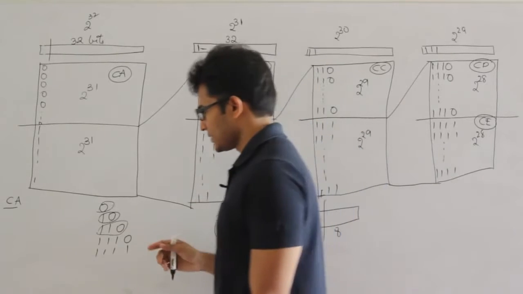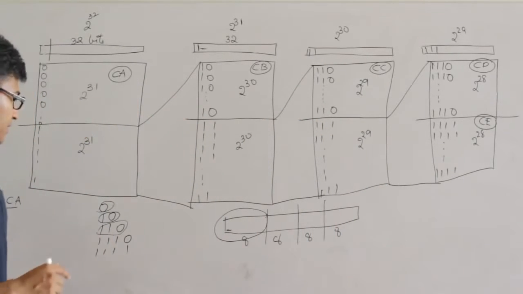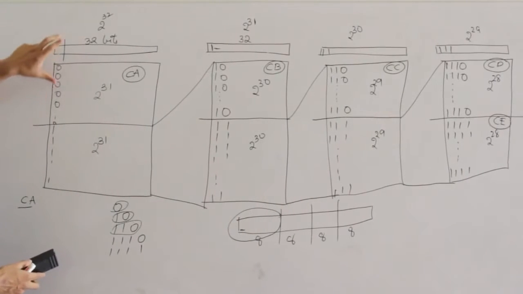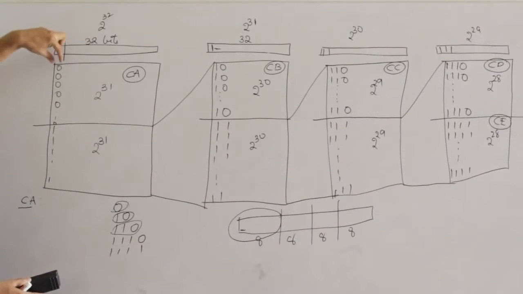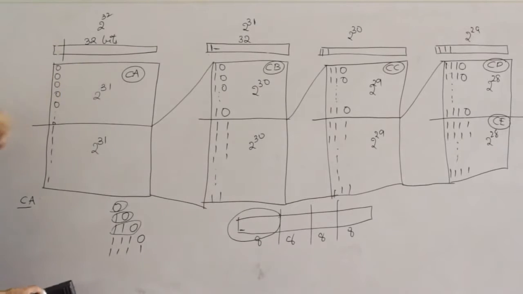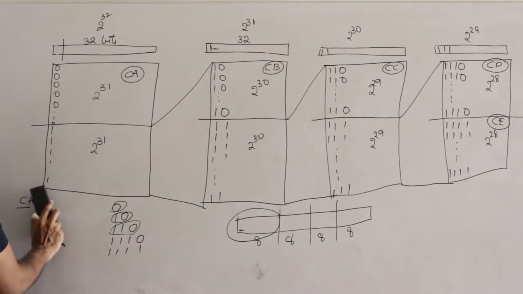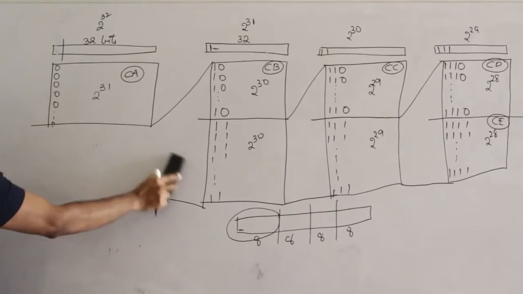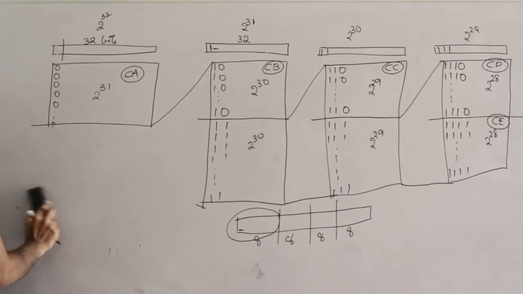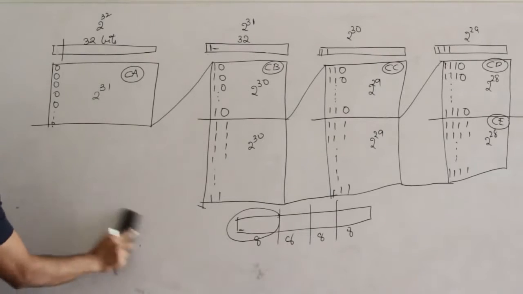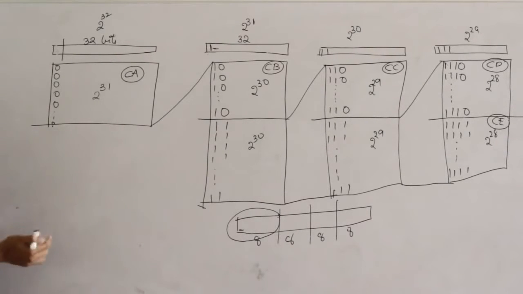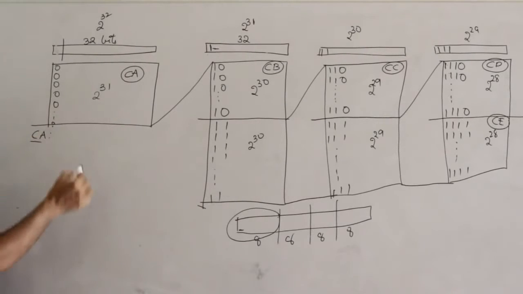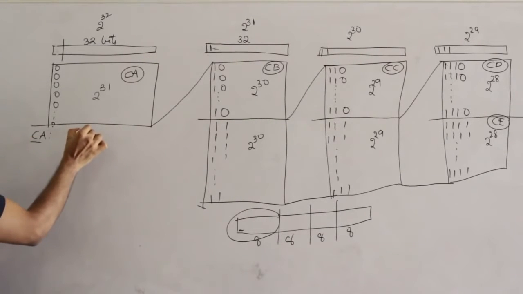Let's talk about class A first. I am just examining class A here. You know that class A starts with 0 and there are 32 bits. I want to talk about class A. The first point is, the number of IP addresses in class A is 2 power 31.